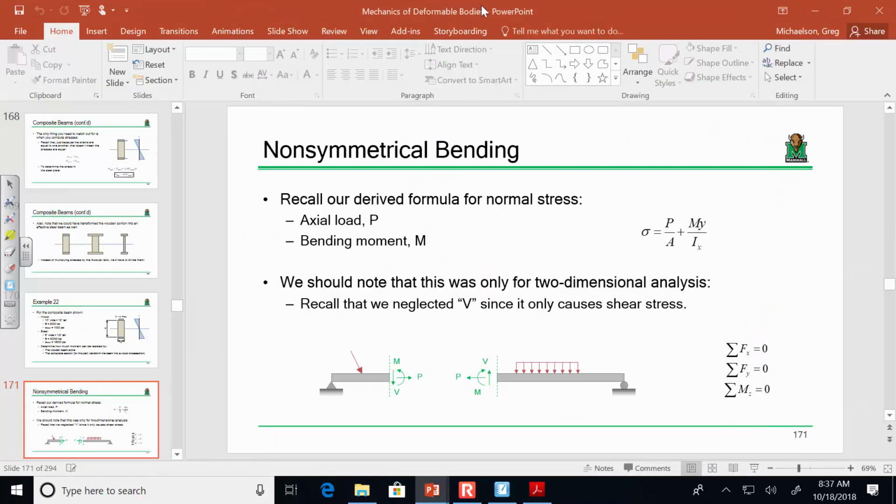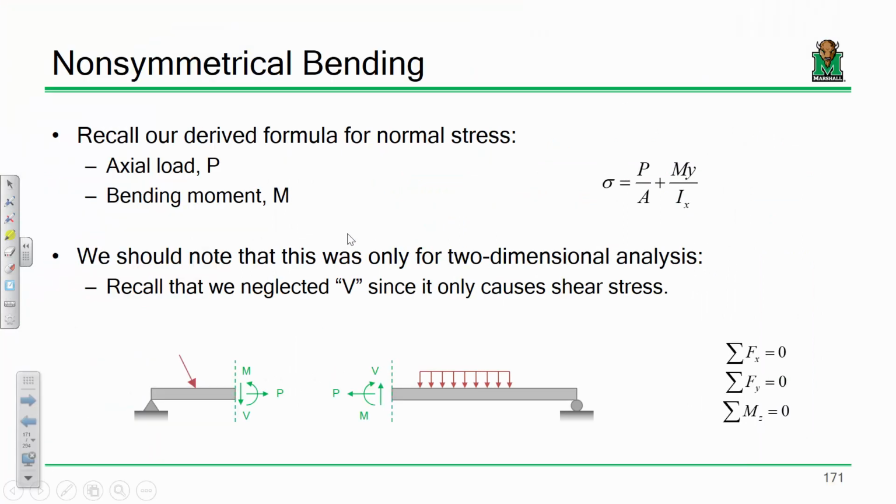We're not going to do this example in class. Honestly, I don't think that non-symmetrical bending is that super important. I'm not saying it's not important. I'm just saying that we don't really need to waste a lot of time in class talking about non-symmetric bending, and you're going to see why here in a second.